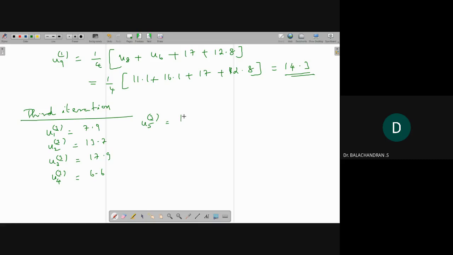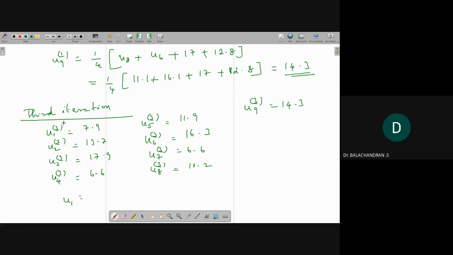U5 is 11.9. U6 is 16.3. U7 is 6.6. U8 is 11.2. U9 is 14.3. So finally you should write U1, U2, U3.